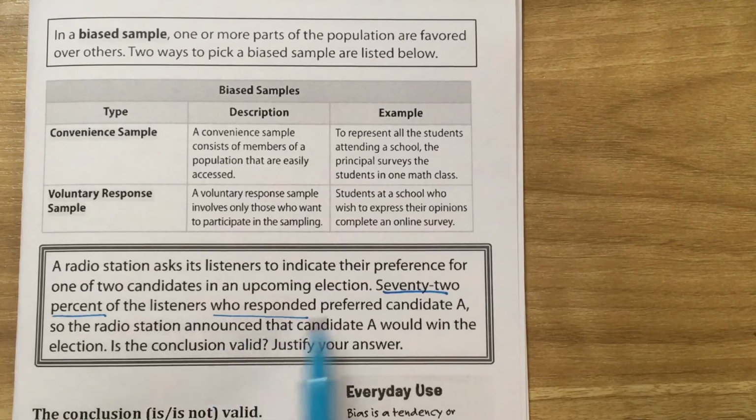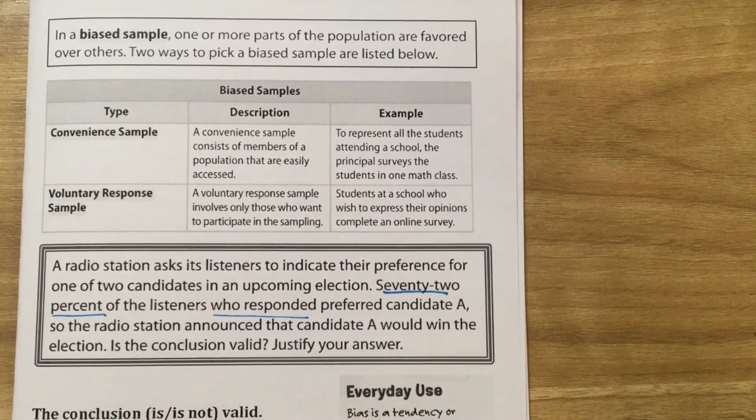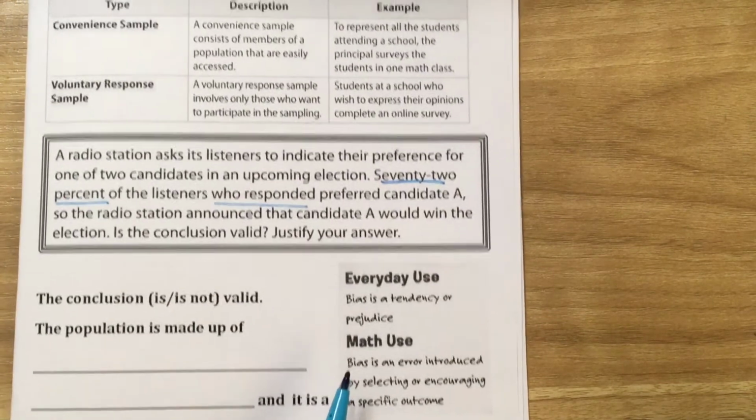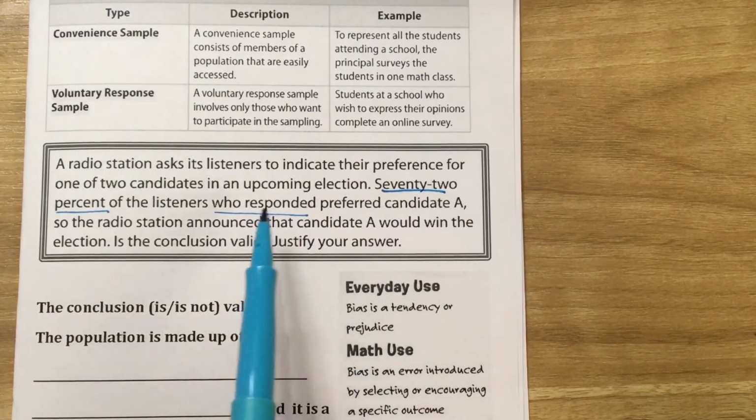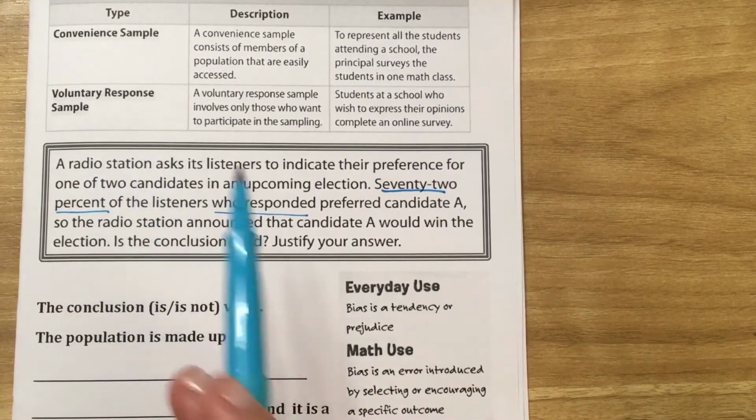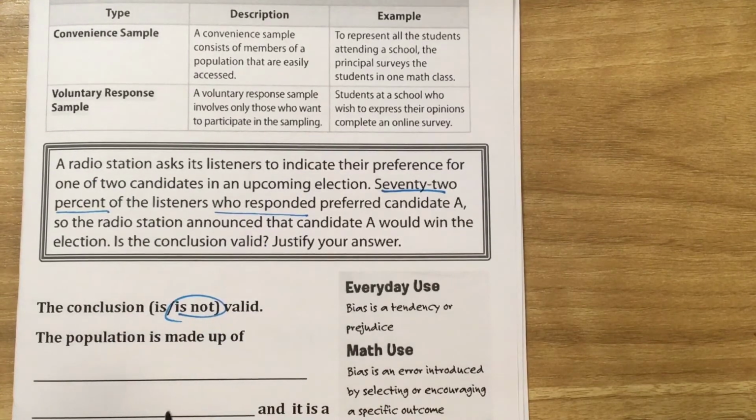We know that 72% of the listeners who decided to respond preferred candidate A. Is this a good sample? To me this sounds like a voluntary response, so it's not valid because it's only made up of the radio station's listeners.